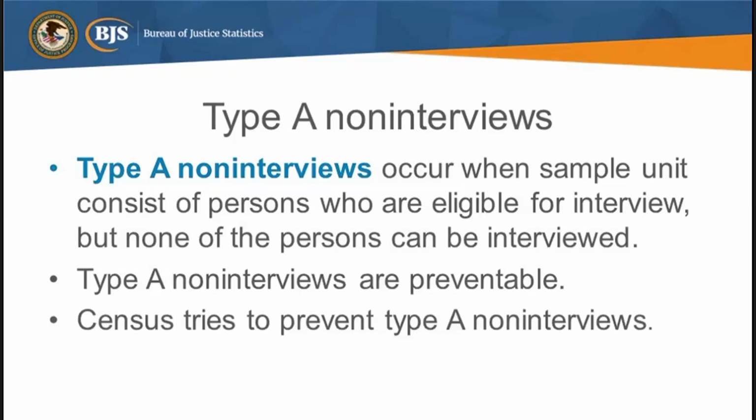Every effort is made to avoid this type of non-interview to keep the unit and maintain a representative sample. Census tries to prevent Type A non-interviews by sending advance letters, making repeated attempts at contact, and letting households schedule interviews at their convenience.